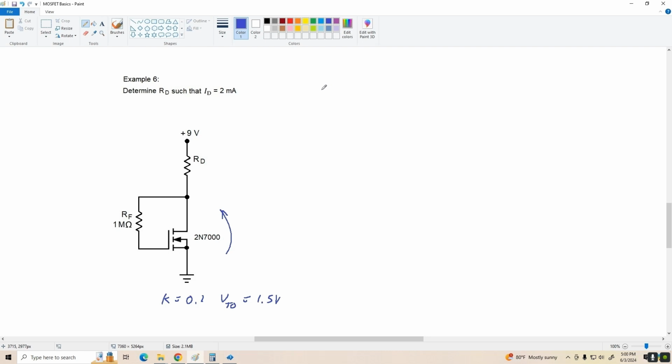So again, we're going to solve the drain current equation for VGS, and we've done that a couple times. We know VGS equals the square root of I sub D over K plus V sub TO. So again, we've got the square root of 2 milliamps divided by K, which is 0.1, plus 1.5 volts.